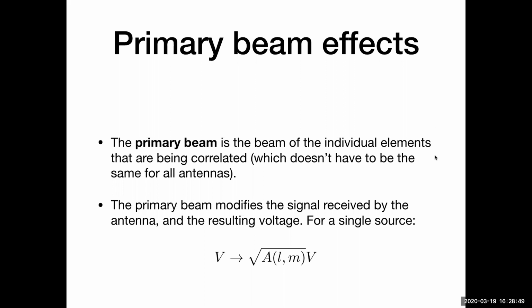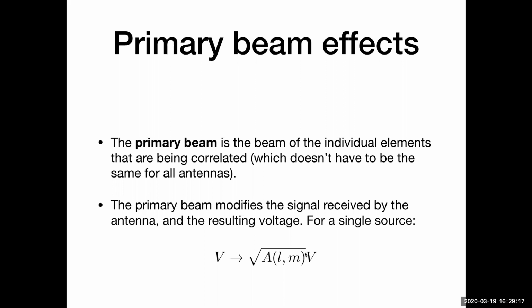And we're going to mathematically work through this as we're going to basically replace the input voltage, which is regular V, not the visibility script V, but the voltage is going to get modified as a function of direction by this antenna pattern as a function of direction. And I'm putting this under the square root for a reason. It's a little bizarre, but it makes sense at the end of the derivation.